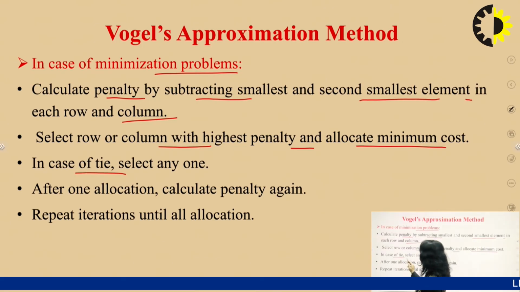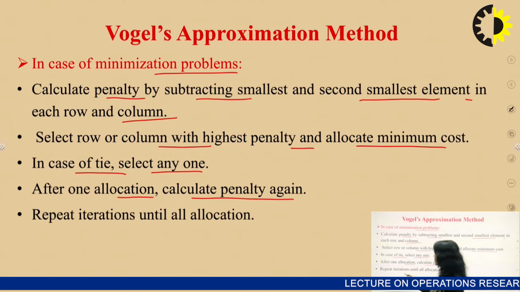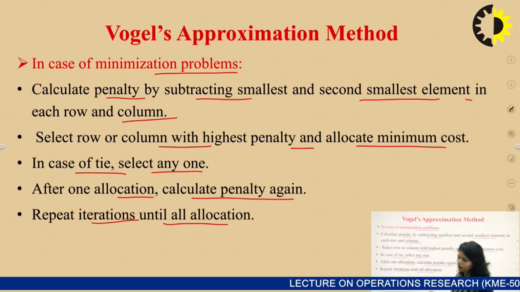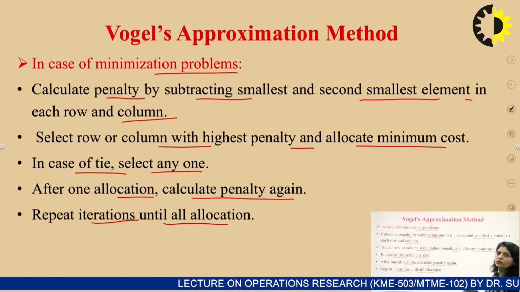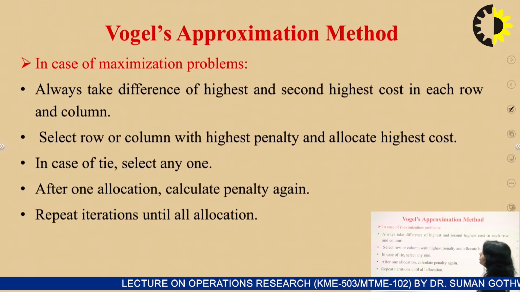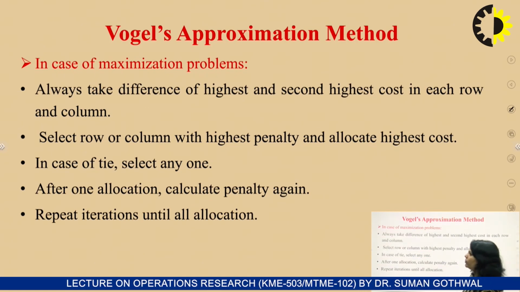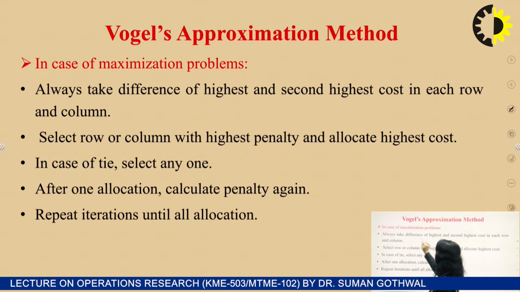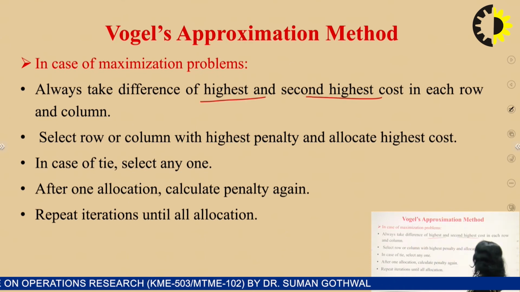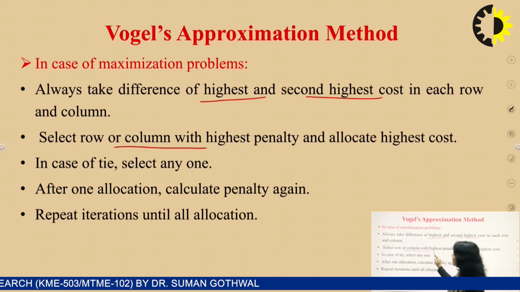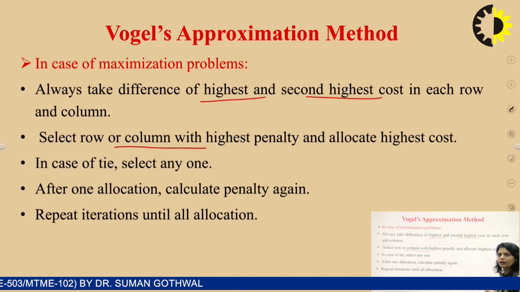Okay. And in case of the tie, we can select any one. After one allocation, we will calculate the penalty again and repeat the iterations until all locations are assigned. Okay. So these are the steps in case of the minimization problem. But in case of the maximization problem, what we will do, we will always take the difference of the highest and the second highest cost in each row and column. And then we will select the row or column with the highest penalty and allocate the highest cost. Okay.